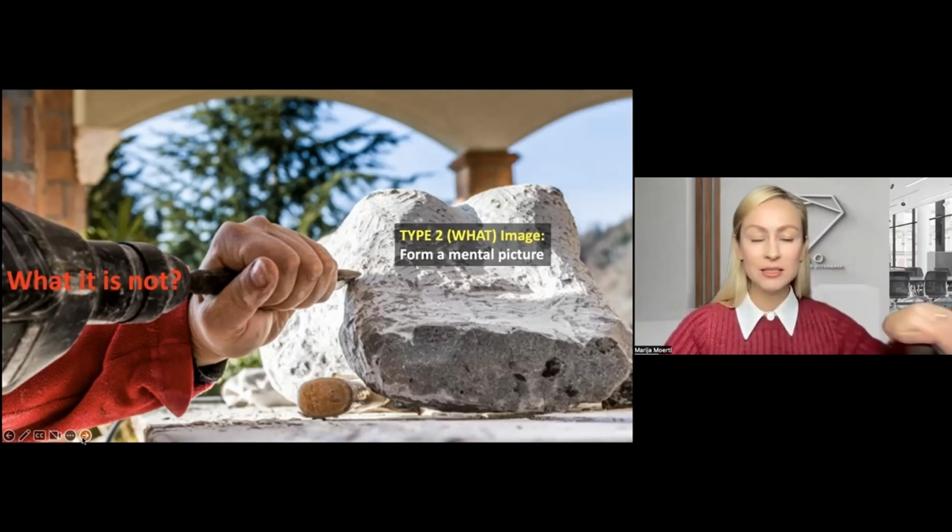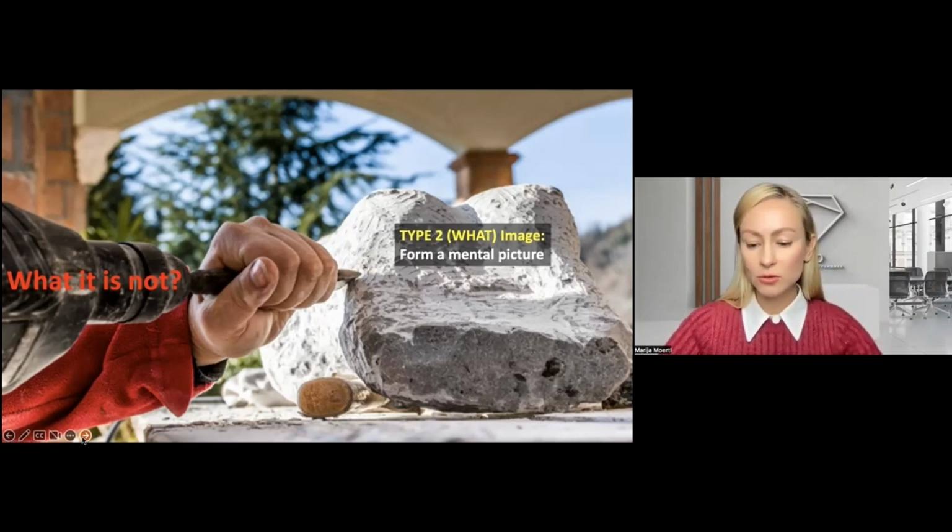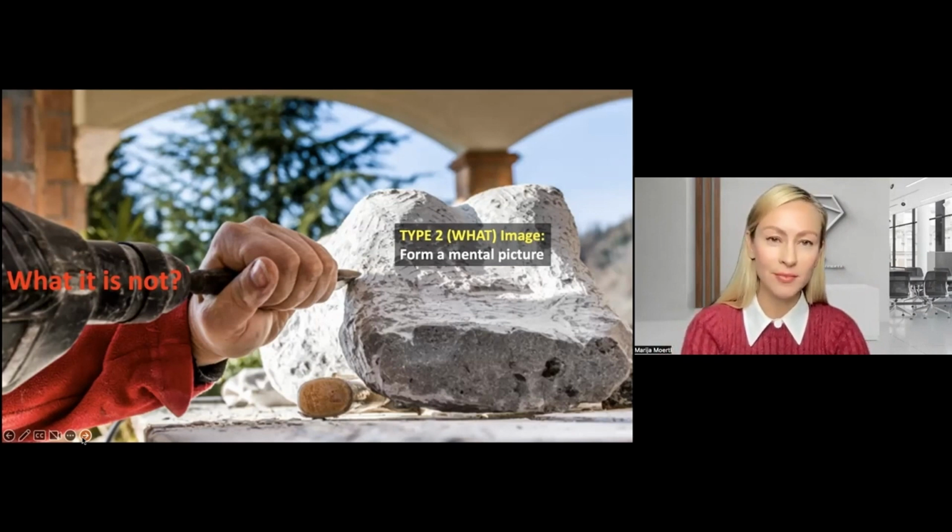We are cutting away the parts that are not this idea. And this is also connected to the way our mind works and the way mental images, mental pictures, work.